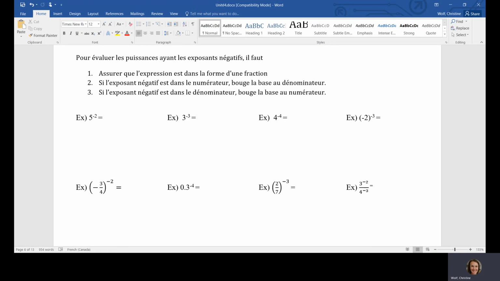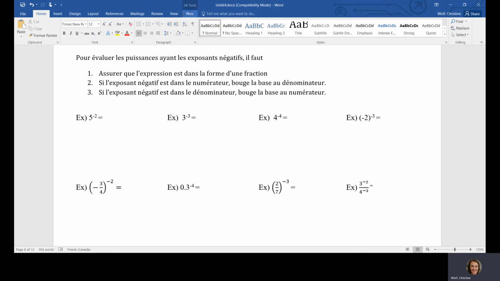Numéro 2, une fois qu'on a assuré que l'expression regarde comme une fraction, si l'exposant est négatif et c'est dans la numérateur de la fraction, on juste le bouge au dénominateur. Si l'exposant négatif est déjà dans le dénominateur de la fraction, on le bouge en haut à la numérateur. Une fois que tu bouges, l'exposant devient positif et on évalue.